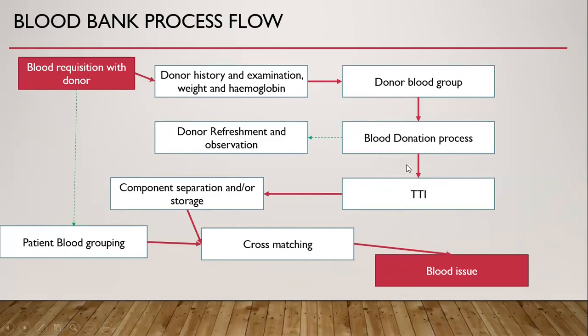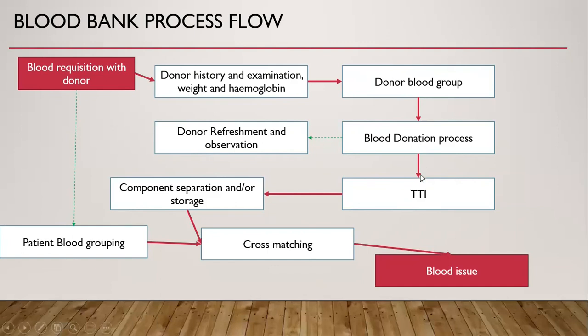So this is the process flow chart of the blood bank. Blood requisition comes along with the donor. History is taken from the donor. Examination is done and hemoglobin is estimated. If the donor is fit for blood donation, then his or her blood group is determined. Then the blood donation process is done. Then the donor goes for refreshment and is kept under observation.